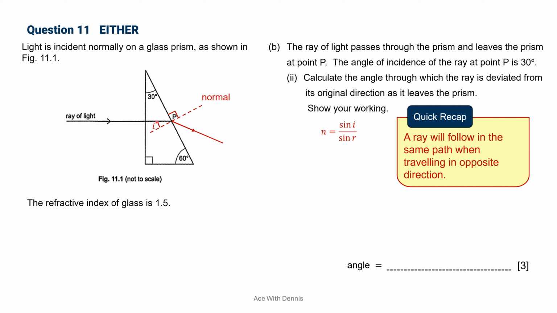Now, given that n is 1.5, this I is the one that we need to find, so I leave it as sine I, and the r here is this angle, which is 30 degrees. Now sine I will be 1.5 times sine 30 degrees, which gives us 0.75. So from here we can find the angle I, which is the inverse sine of 0.75. We get 48.6 degrees.